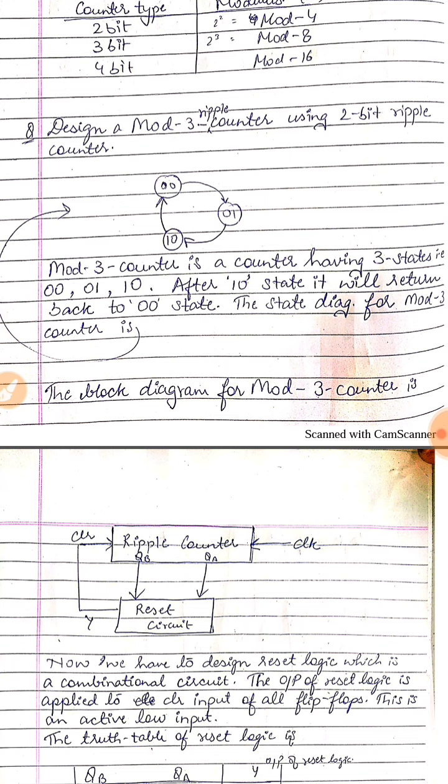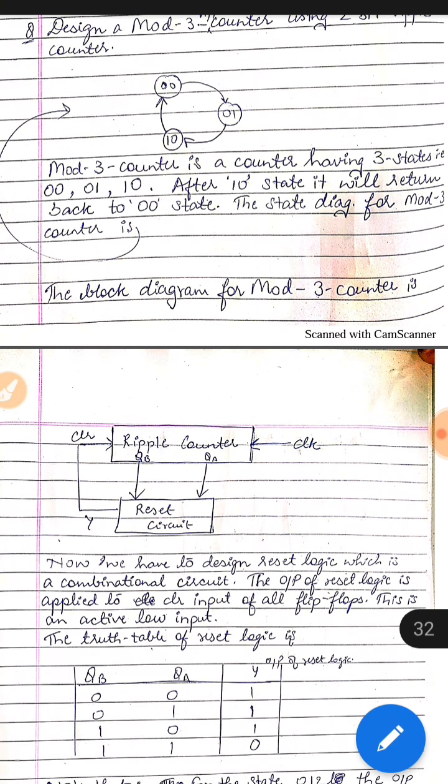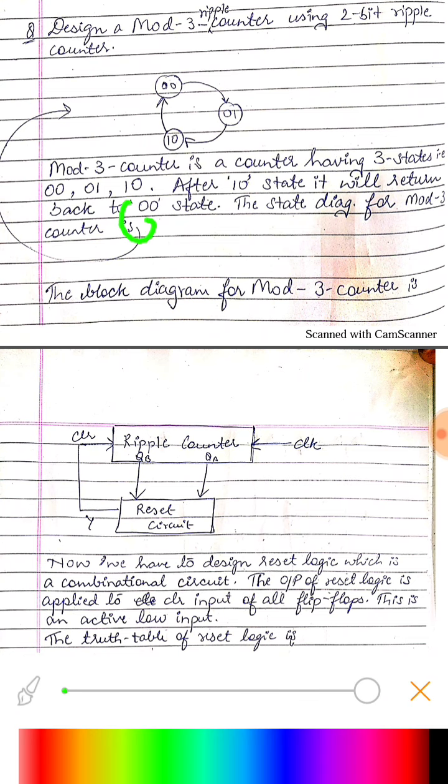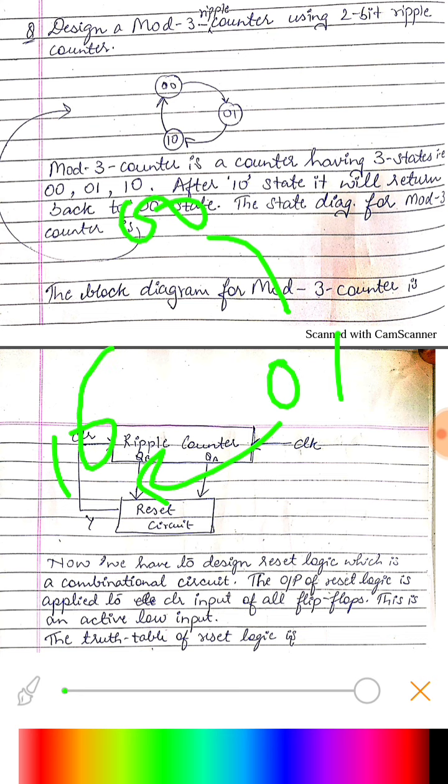Since we are using 2 bits, this circuit would count from 00 to 01 and then to 10, and then to 11. So if I am using 2 bits, then it can count from 0 to 3. That is a mode 4 counter.